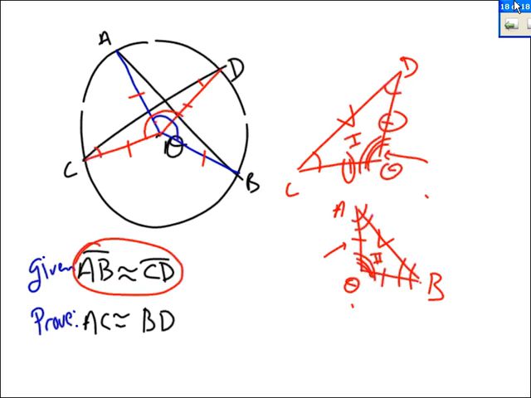Side with 1 slash, angle with 3 slashes, side with 1 slash. These are the same triangles. In particular, those angles in the middle are the same.